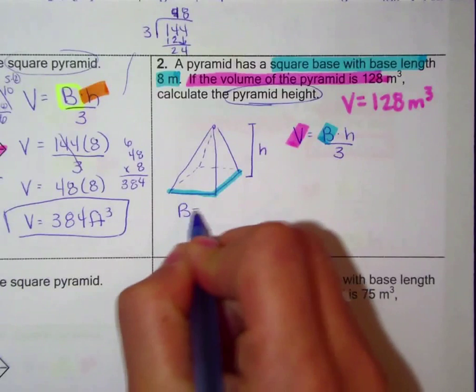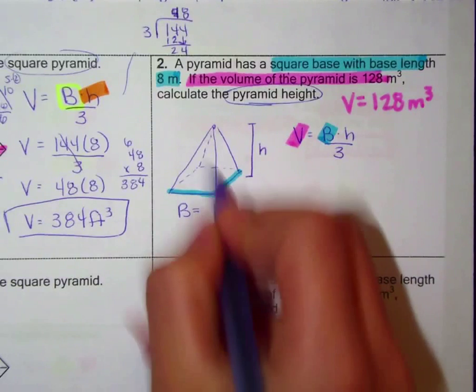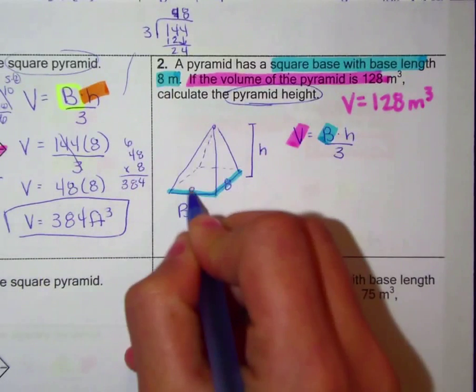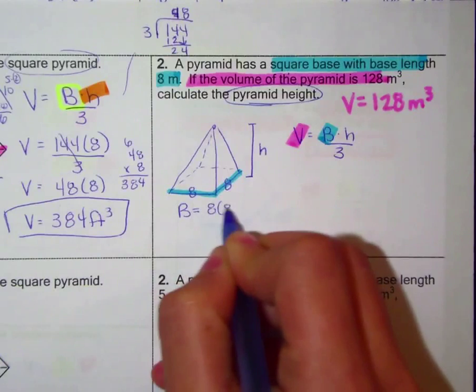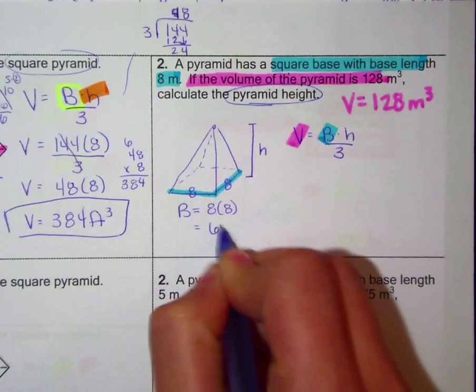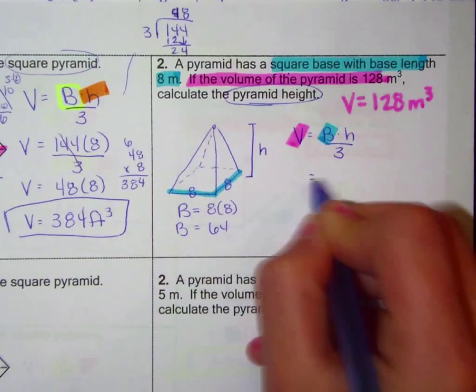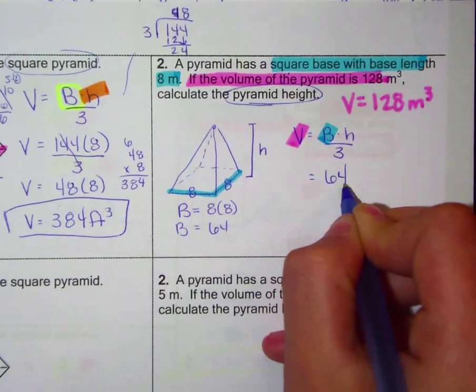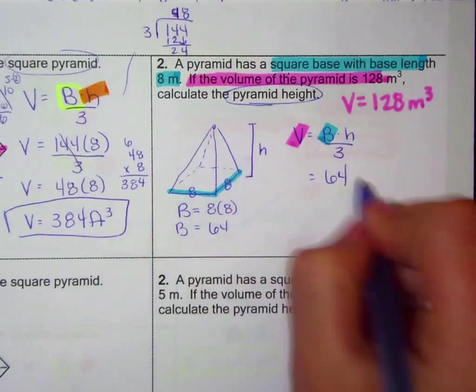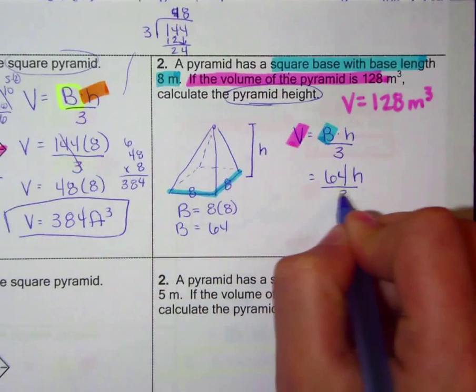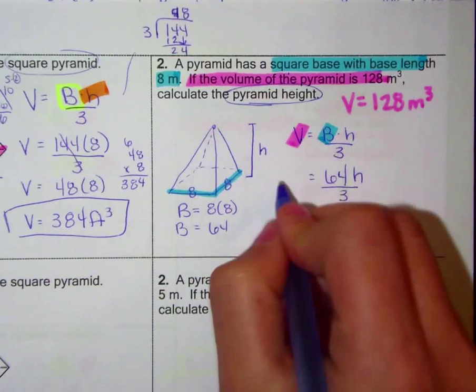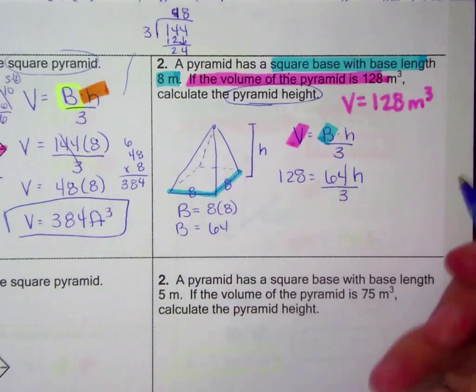So base area is, these were 8, so it's 8 by 8, which is 64. So the base area is 64. The height, remember, we don't know that, and that's okay. And the volume is 128.